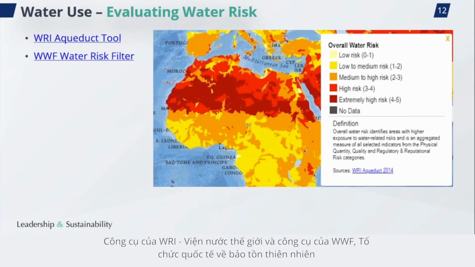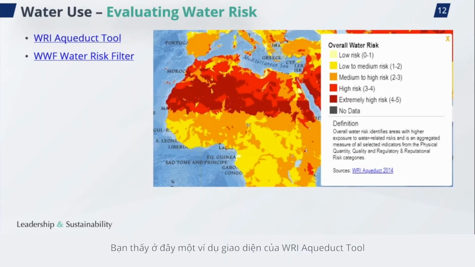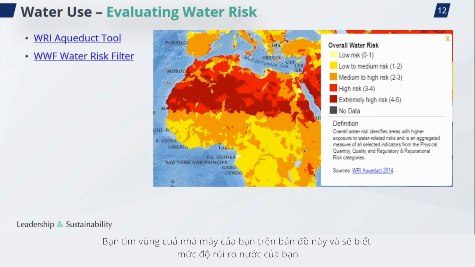On the map here, you see an extract from the WRI Aqueduct tool. And you can see that, for example, the dark red means an extremely high water risk, and a bit lighter red means a high risk, etc. You can go and find your own location on this map and easily find in which area you are.